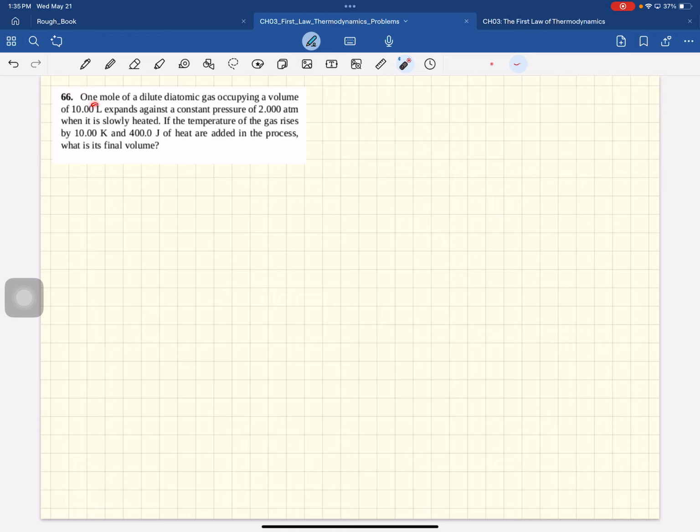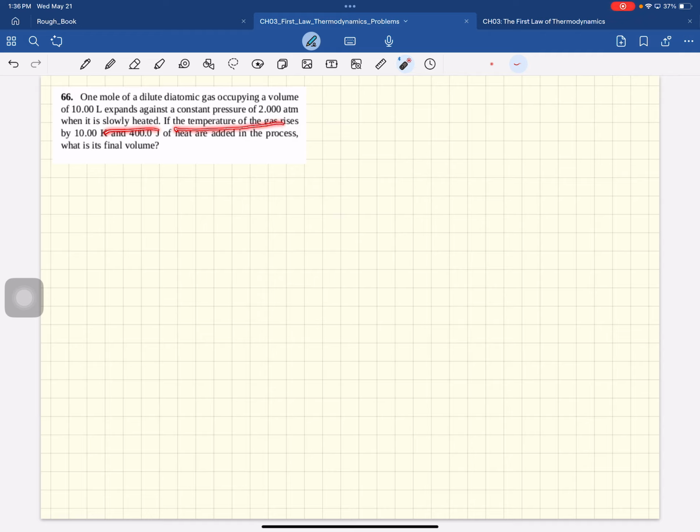So, 1 mole of a dilute diatomic gas occupies a volume of 10 liters and expands against a constant pressure when it is slowly heated.